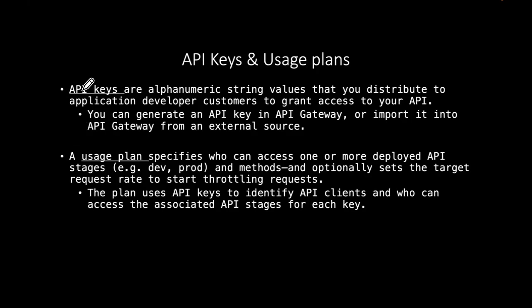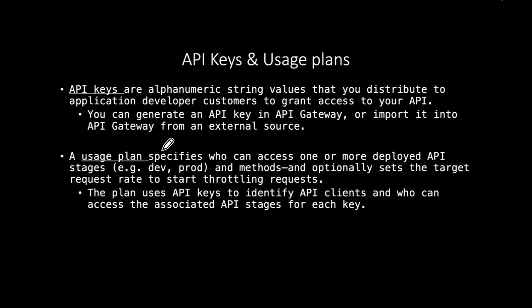So the API key says whether you can access any part of the web API. The usage plan talks about what kind of access you are allowed. You can specify things like rate limiting, which really doesn't apply to us, and other ways of controlling the access to your web API.